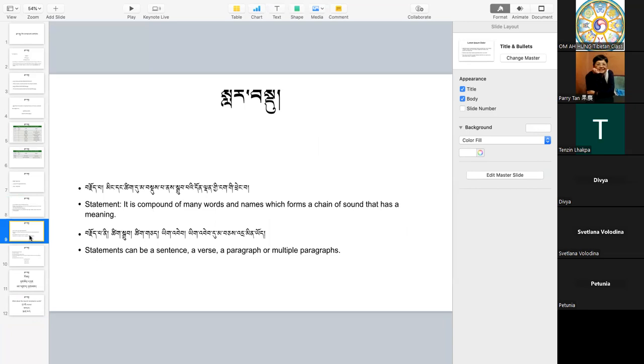Now, the rest of the usage. The first usage is the first grammatical case. The second usage is that it's used with a statement. So what's a statement? Ming tang cik, words and names. Ming is names, cik is words.